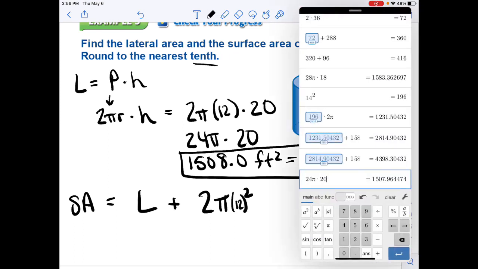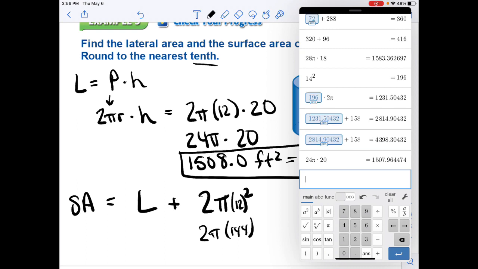So we have 2 times pi times 144. So 2 pi times 144 is equal to 904.8.